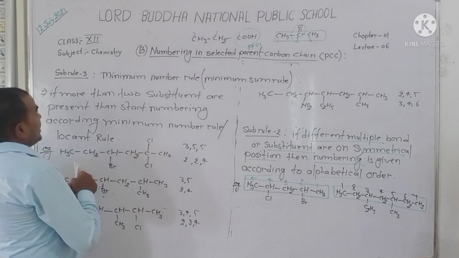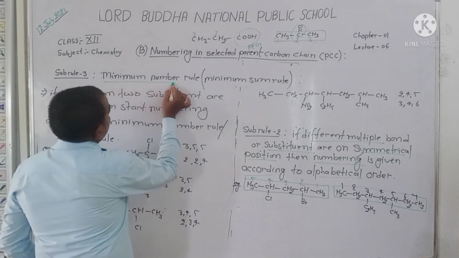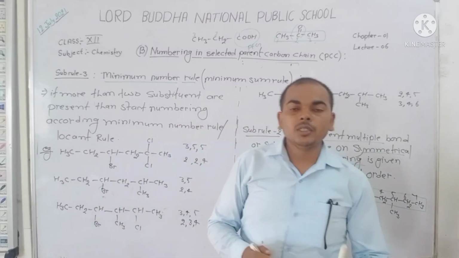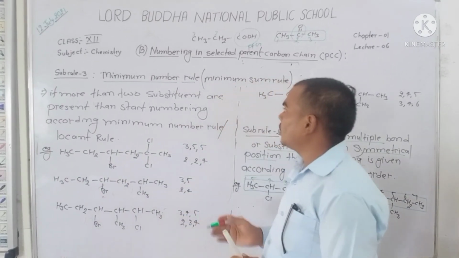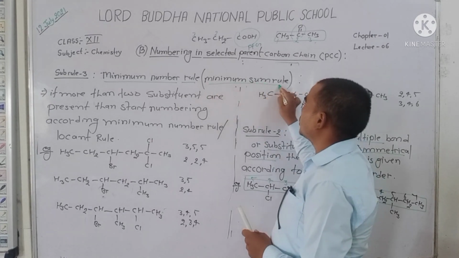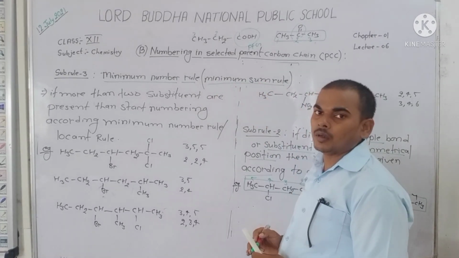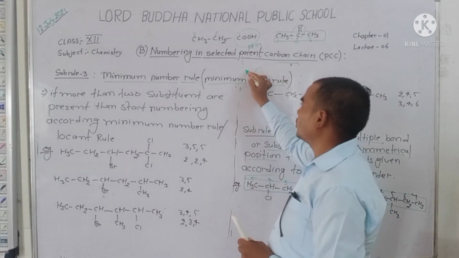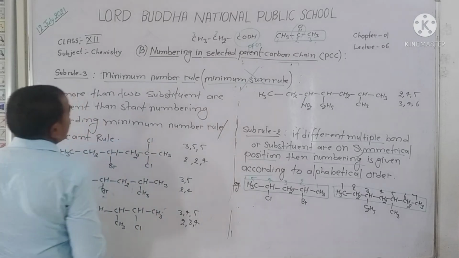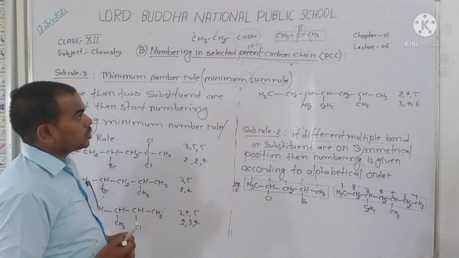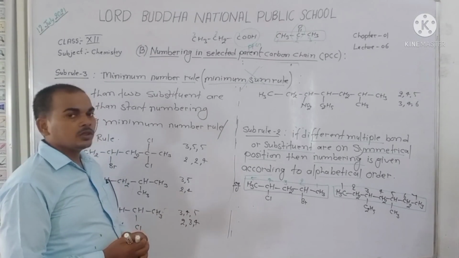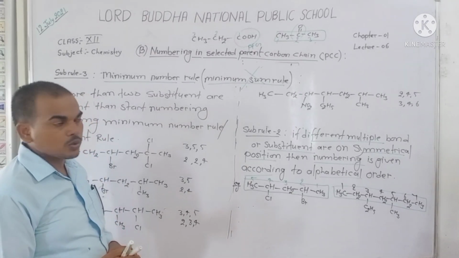Subrule 3 is the minimum number rule. Someone says minimum sum rule, but it is wrong, because it is only the minimum number rule. When you apply it as a minimum sum rule, it is wrong. Okay, student?